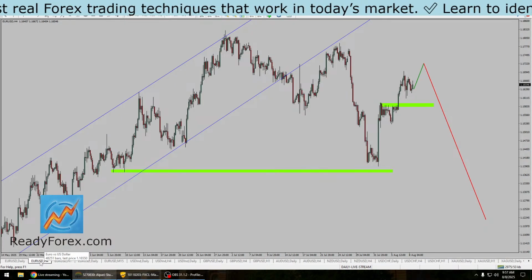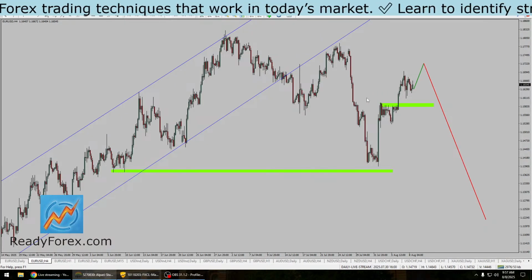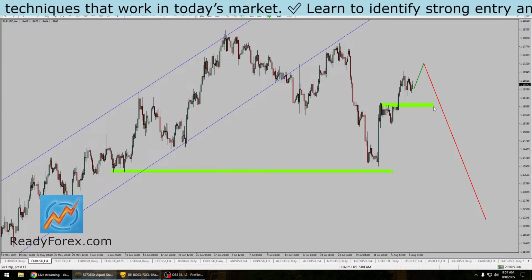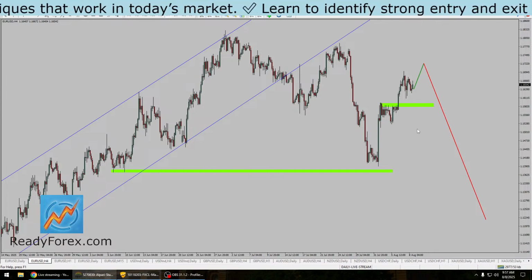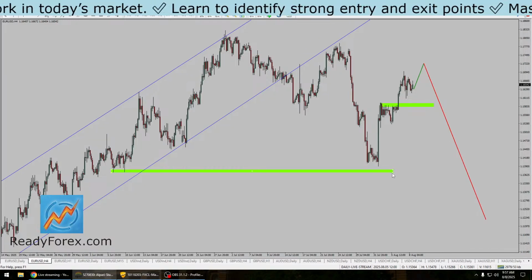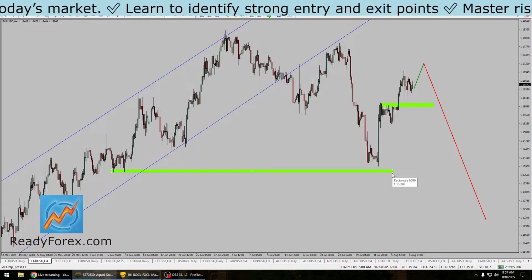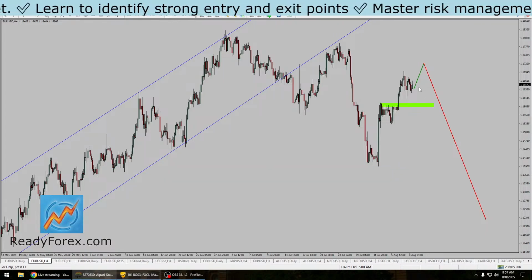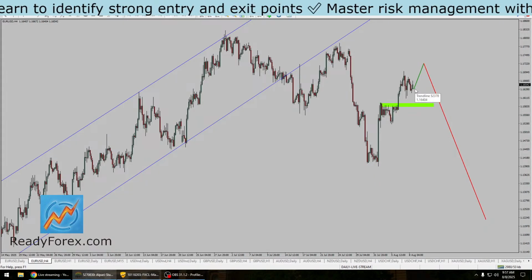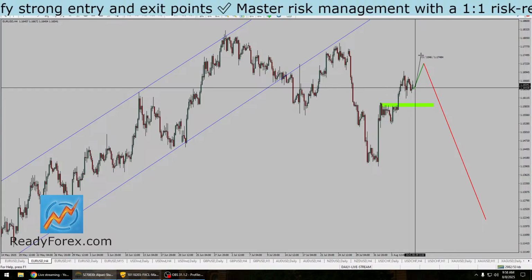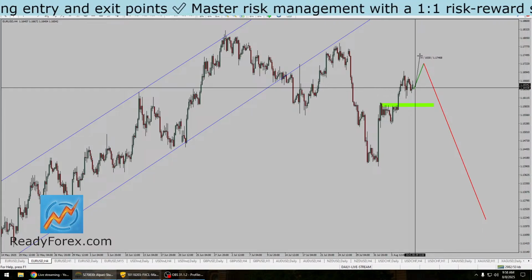So the 4-hour Euro USD. Okay, the way I see it, this is the green color highlighted area in the 4-hour time frame of the Euro dollar currency pair, and the market is going to move sideways. That's the way I see it, and sooner or later I expect more upside in the Euro dollar currency pair.